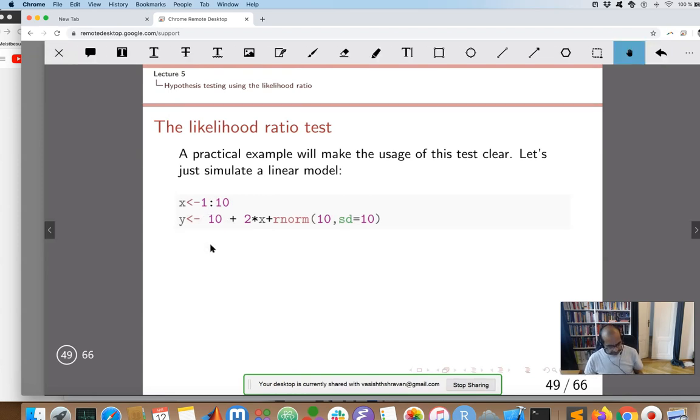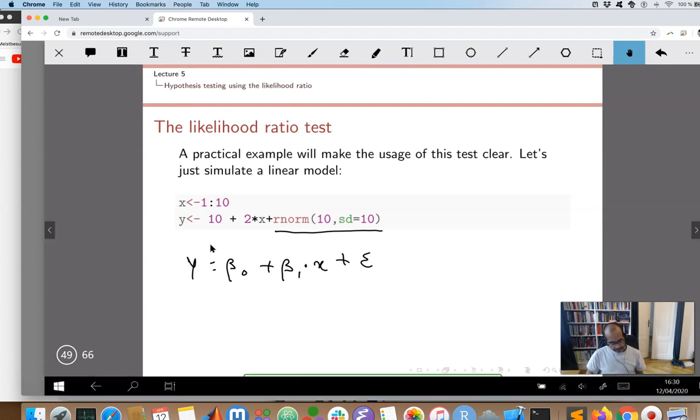I've got x and epsilon here. I'm generating epsilons from a normal distribution with mean 0 and standard deviation 10, right? So I'm generating some fake data here.